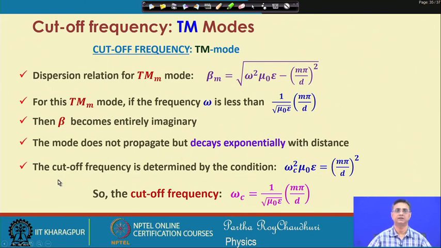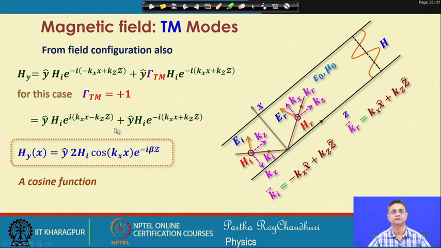We can then set up the cutoff condition which is determined by this expression, and therefore, omega c will be this. So, that gives you up to which frequency the structure will support propagation through the waveguide.